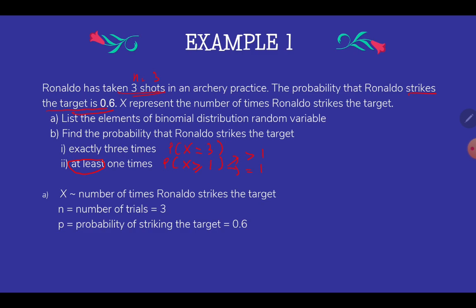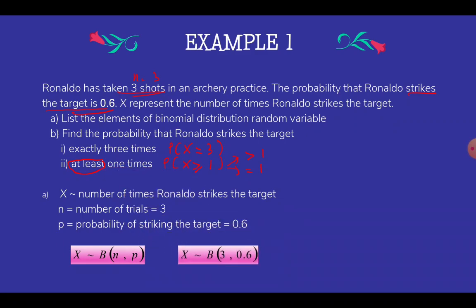How can we list the elements of this binomial distribution? This is how we represent it. X is a binomial distribution with n and p. We have our values of n and p, so just substitute. This is our answer for A. Okay, so next.